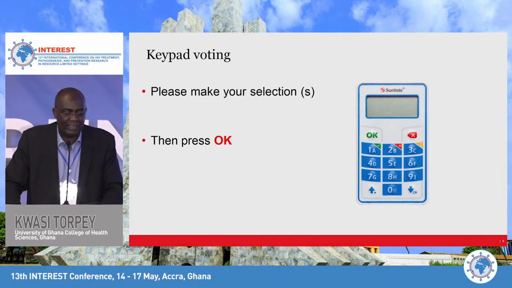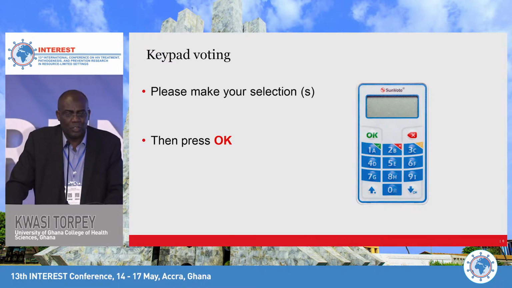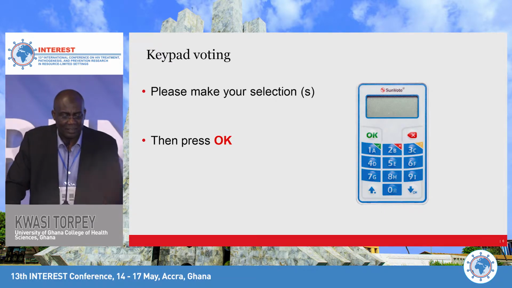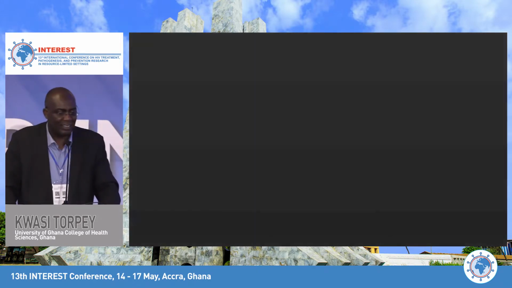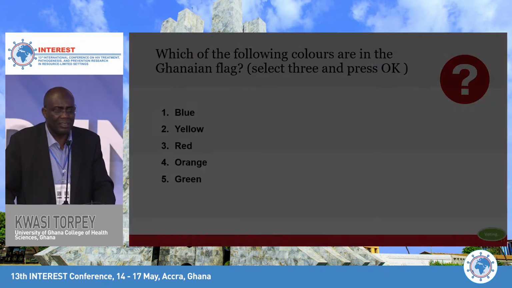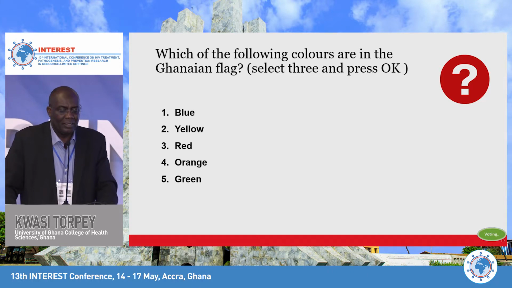So with the keypad, we'll have a couple of questions. You make a selection, and then when you press OK, it registers. Okay? So let's try it. The first question, which of the following colors are in the Ghana flag? You select 3 and press OK.